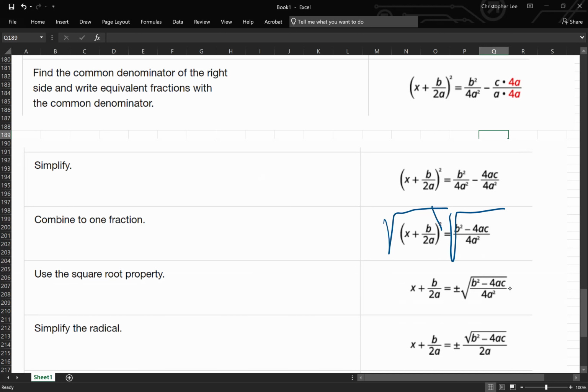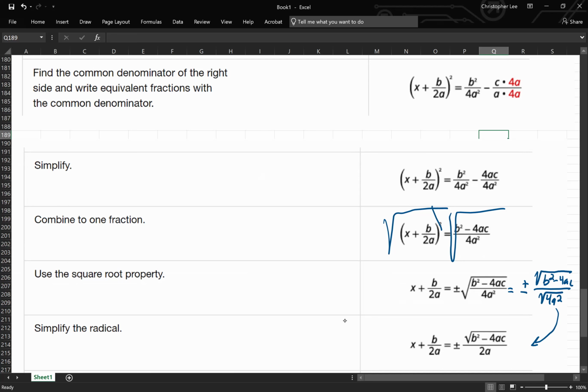Remember that whenever you do the radicals, you can actually split them up when they're under the same radical. So this is b squared minus 4ac all over square root 4a squared, which simplifies down to make the 2a, right?